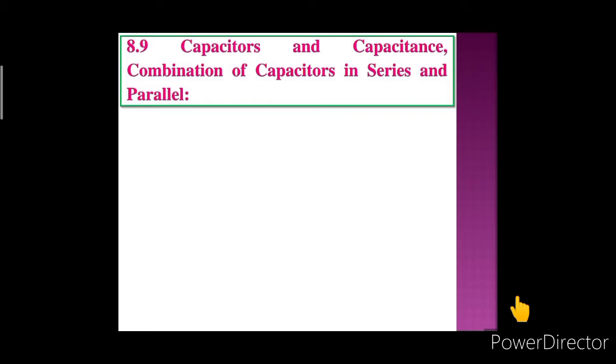A capacitor is a system consisting of two conductors having equal and opposite charges separated by an insulator or insulating medium, or we can say a dielectric.